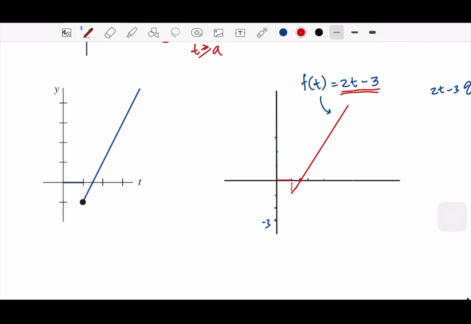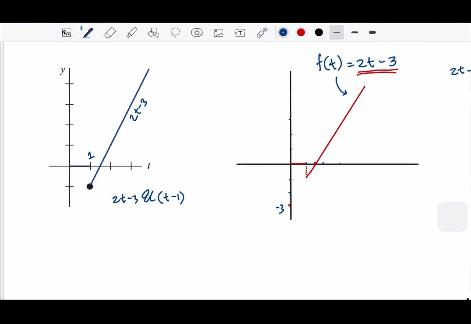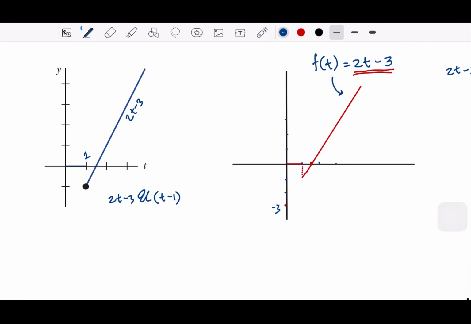So simply, because we know that this is 2t minus 3, and this is the interval that is turned off, and this is 1, we know that this graph is 2t minus 3 times the unit step function t minus 1. I hope you get my idea.